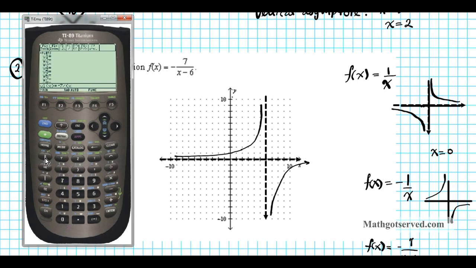So x minus 6. Close that. Enter. All right, let's graph it. Diamond F3 is the graphing for TI-89 Titanium. Let's see. And then over there. All right, you can see that at 1, 2, 3, 4, 5, 6, we have a vertical asymptote. So this shows that our answer is correct.